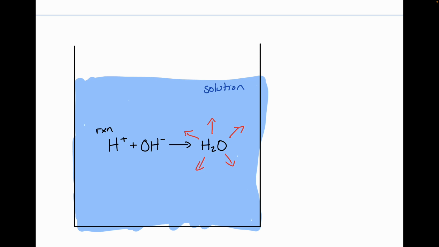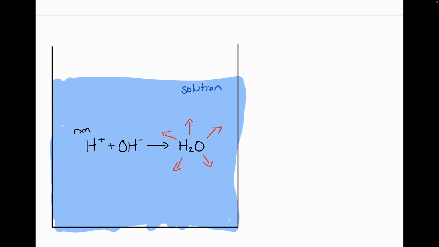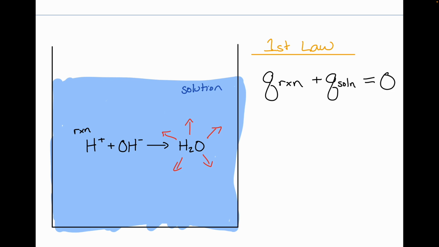So, according to our first law of thermodynamics here, we have this conservation of energy, which says that every bit of energy that is lost by my chemical reaction, where is it going to go? It has to go into the surrounding solution. So the sum of those two terms has to equal 0.